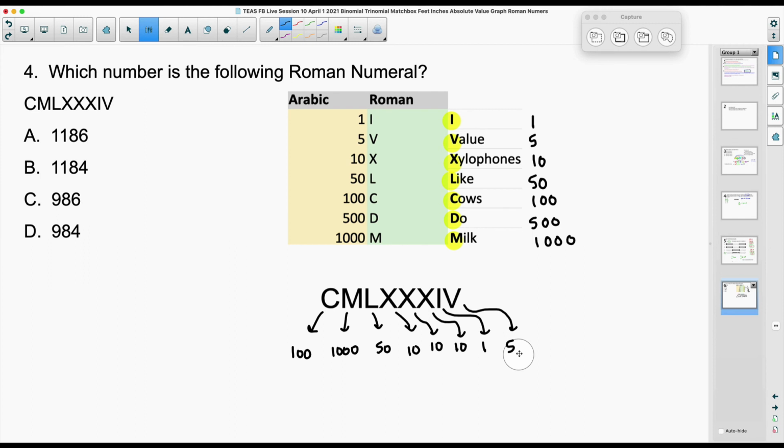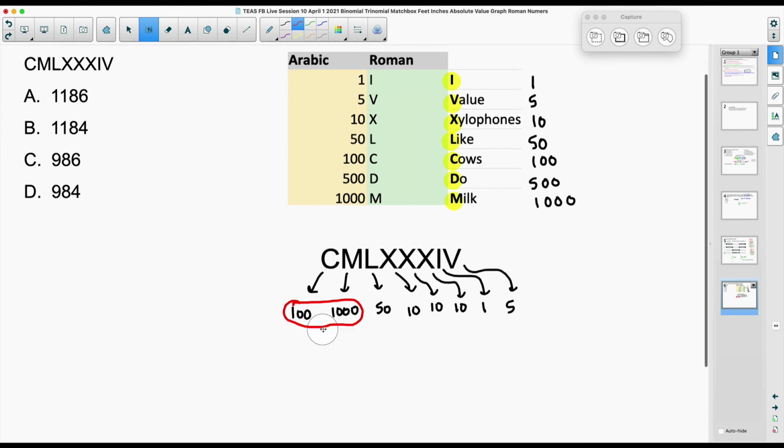Listen to what I'm about to say, and I also have some videos on this as well, but I think this is going to hit home. What you want to do, look from left to right. Look from left to right, and if you ever see a small number come before a bigger number, like right there, I have a smaller number coming before a bigger number, going from left to right, well, if you see that, you must subtract.